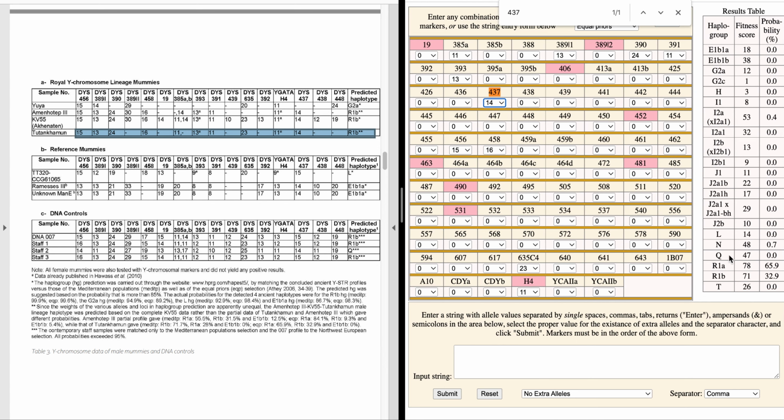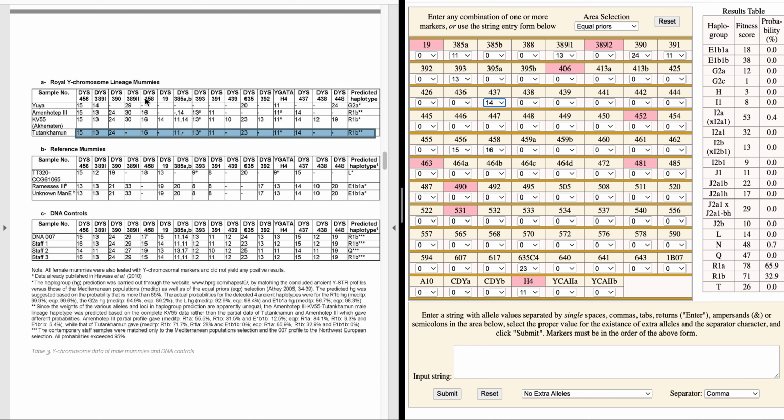Alright, so, ooh, interesting. So, on Athey's Haplogroup Predictor, it predicts them as R1a. Wow, outstanding. So, they're saying Tutankhamun belongs to R1b, but Athey's predicts R1a. Interesting. Wow. Who would have guessed it?